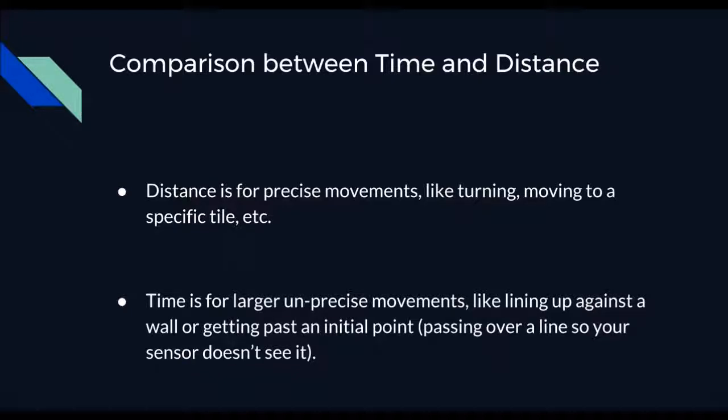But with time, you can overshoot it a little bit, and yeah, your robot presses into the wall, but maybe it's only for half a second, and then it's good to go, and you know you're lined up. So just simple things like that, the strategy in using time versus distance whenever you move can be all the difference in making a successful autonomous program.